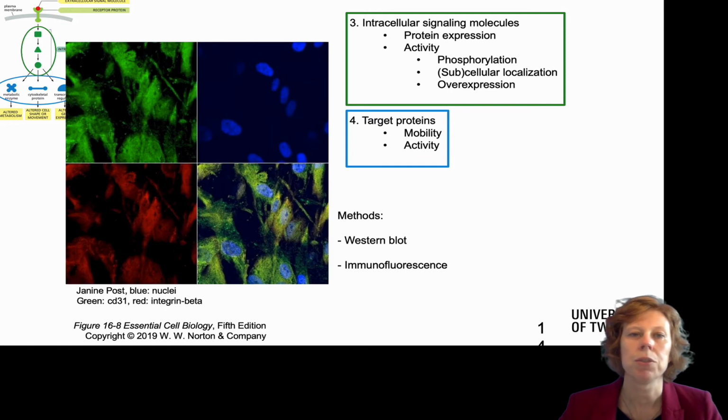In addition to concentrations, immunofluorescence can tell you something about the localization of the protein in the cell. In this example, we stained the nucleus with a specific DNA dye and used two specific antibodies, in green against CD31 and in red against integrin beta, to show the membrane staining of these proteins.